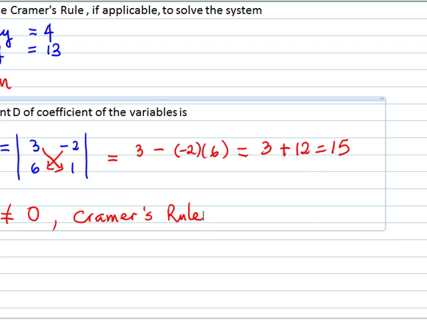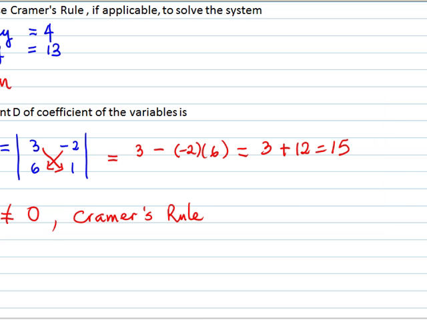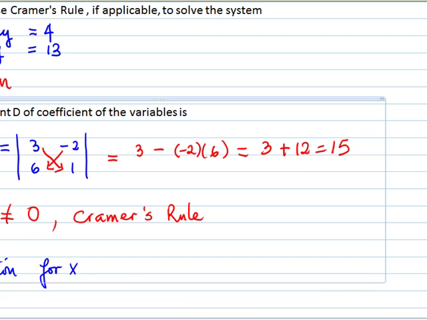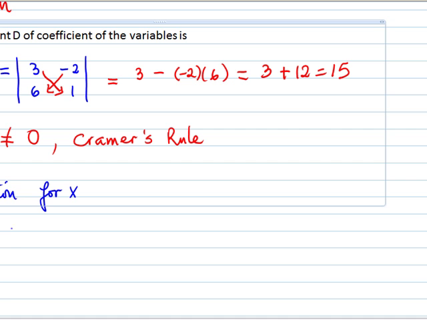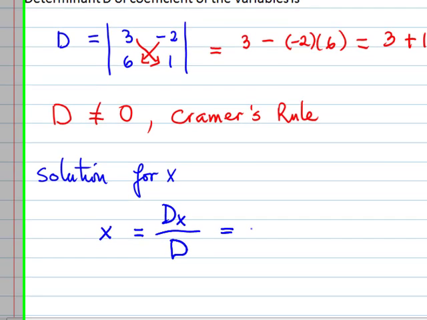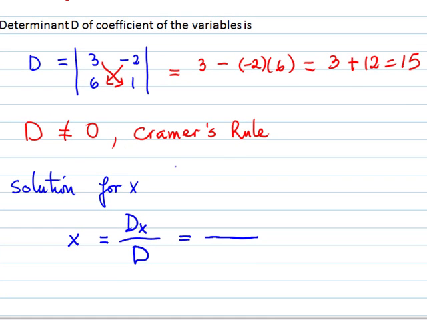We say that the solution for x will be, the value of x will be Dx over D. Now, D is the determinant D that we had earlier, which is equal to 15.